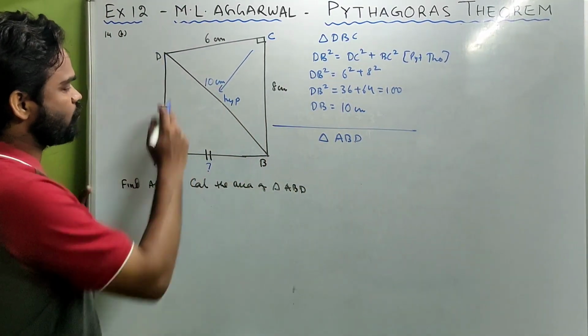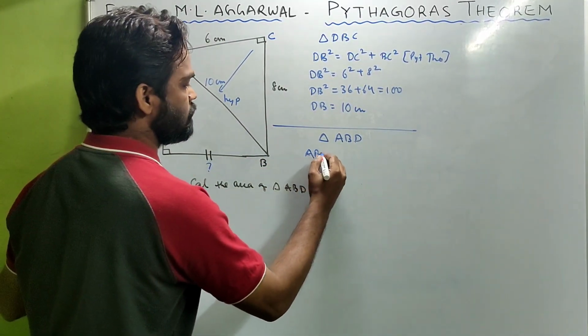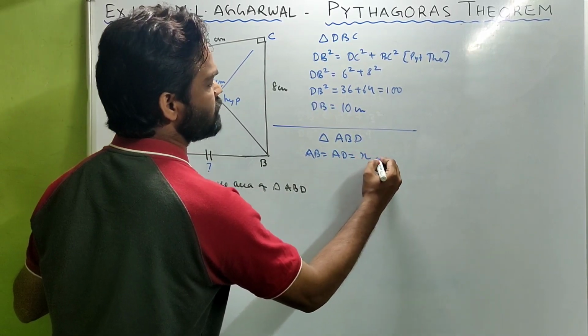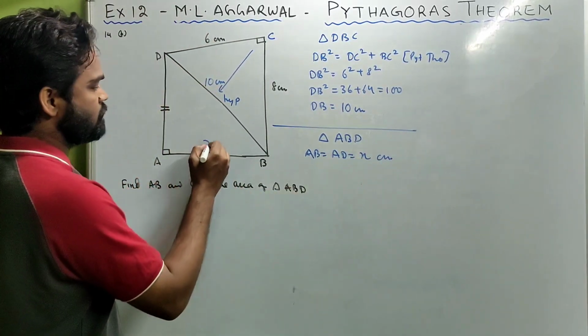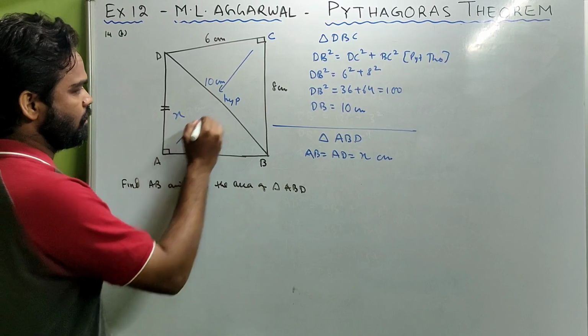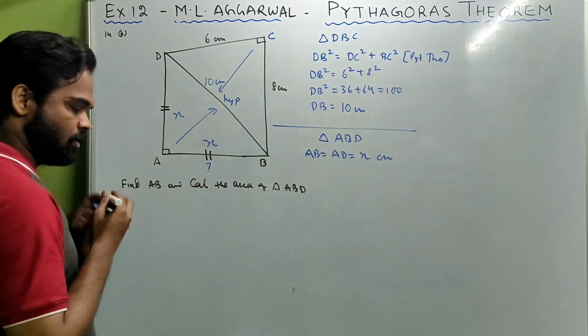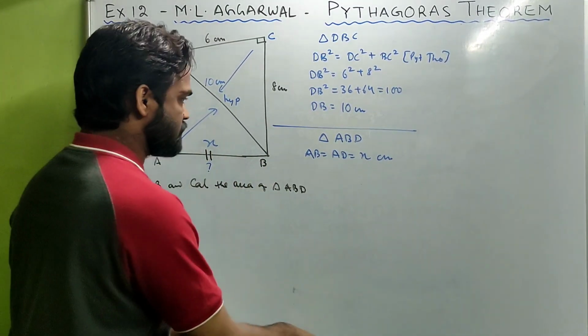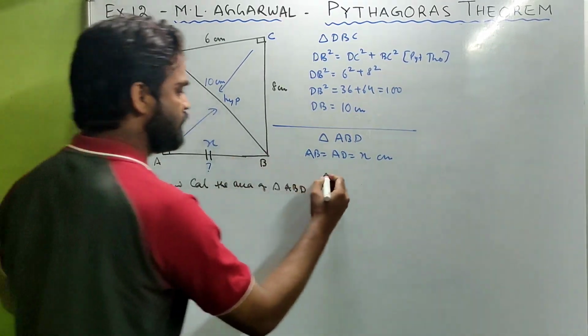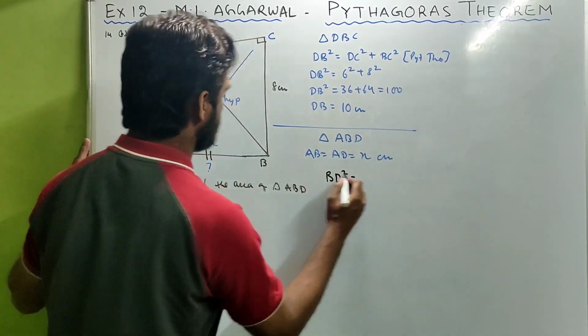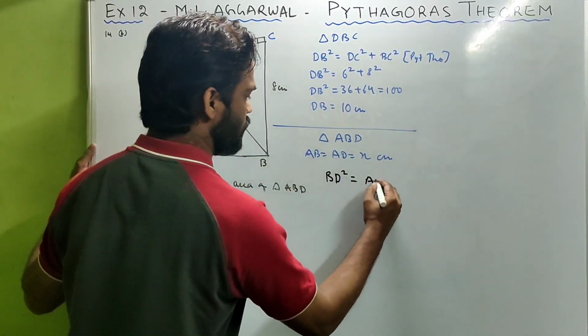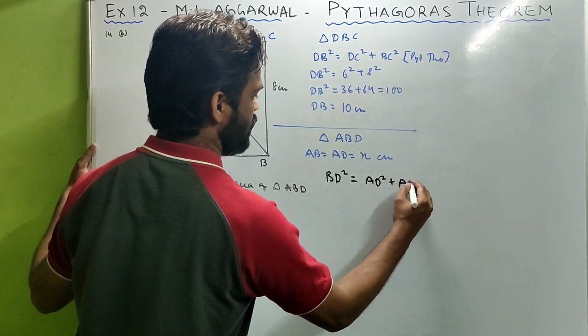First of all, AB equals AD. AB is equal to AD. Suppose it's X centimeter. This is X, this is X. Again, this is the hypotenuse. So Pythagoras theorem, we can say that BD square is equal to AD square plus AB square.